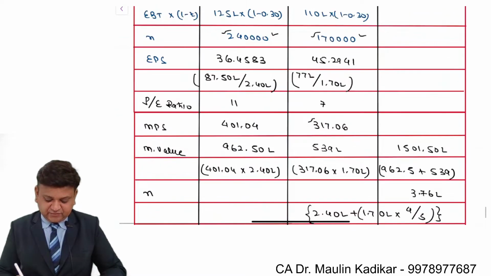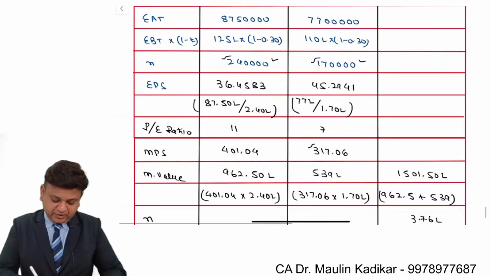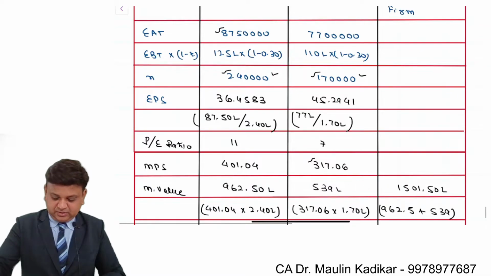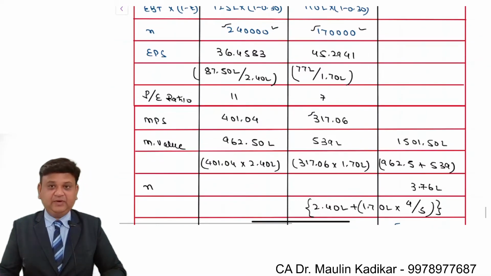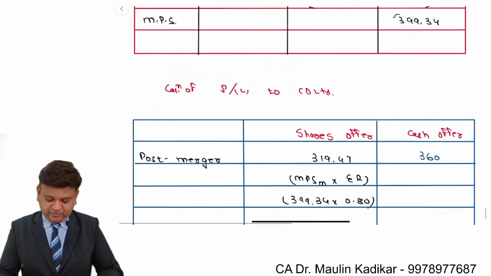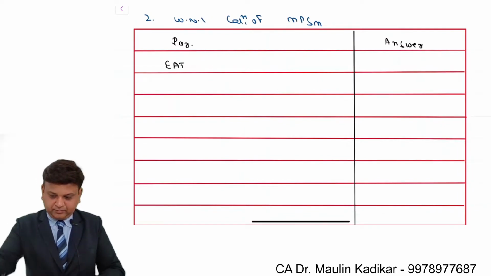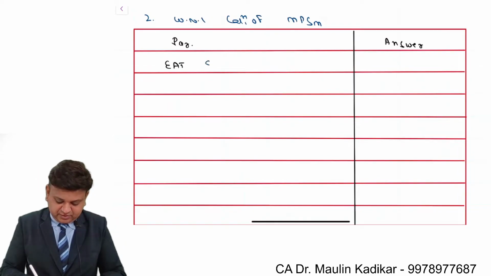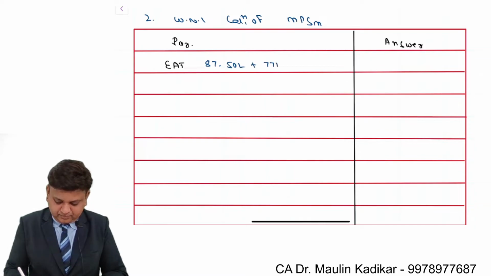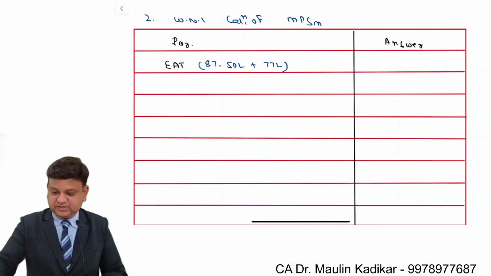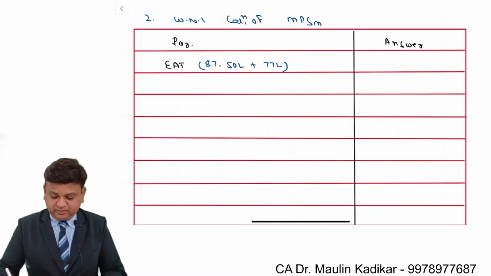That is the kind of assumption that we will have. So it is 87,50,000 plus 77 lakhs. That is the way earning after taxes of the merged firm will be calculated. That is 164.5 lakhs.